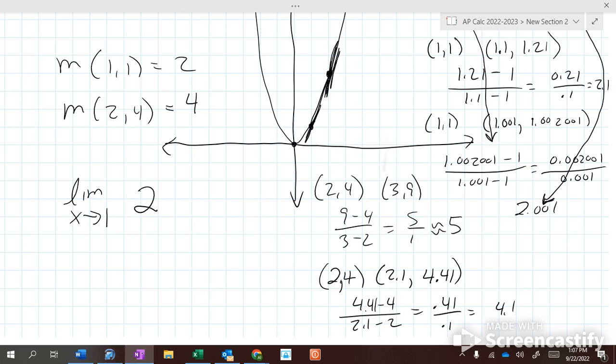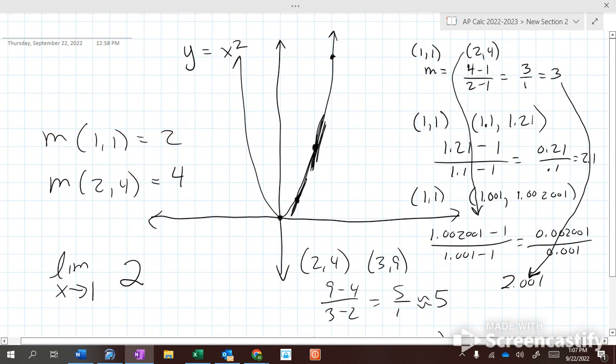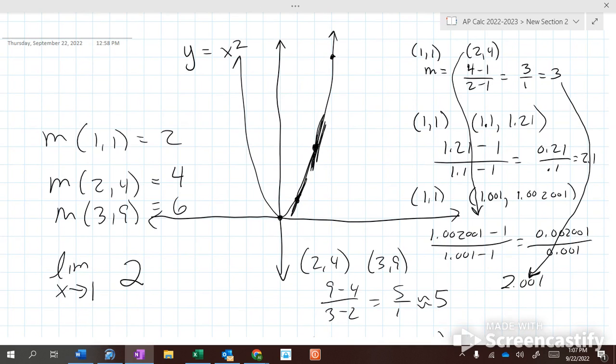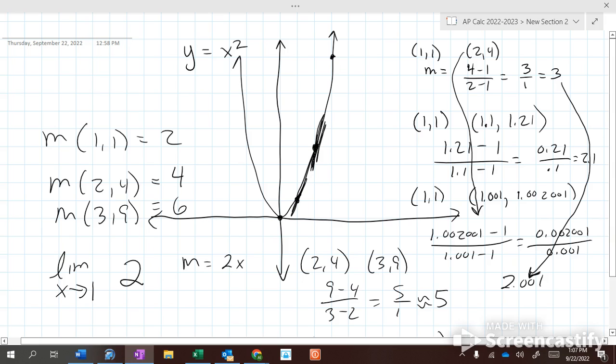What do you think the slope will be? And you are correct, it is 6. So what's happening? My slope is 2 times the x value. My slope for this function equals 2 times the x value.